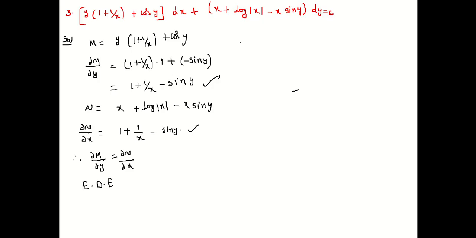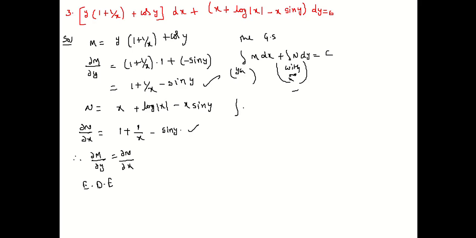Now we find the general solution. The general solution is the integral of M dx plus the integral of N dy equals c, with y constant in the first and only terms without x in the second. In an examination, when you write the formula, you have to write these conditions: y constant, and without x terms.